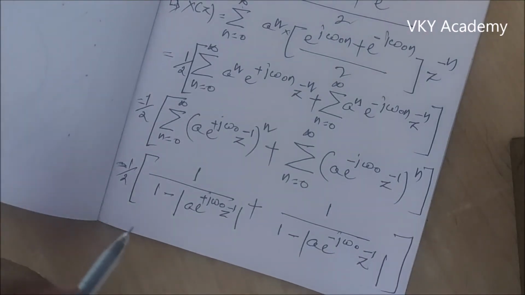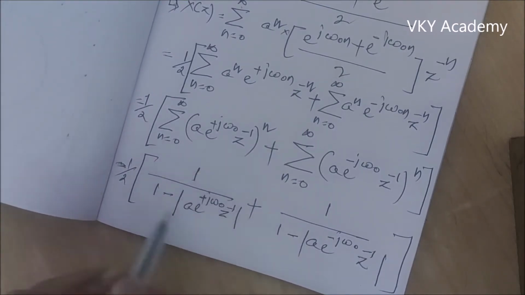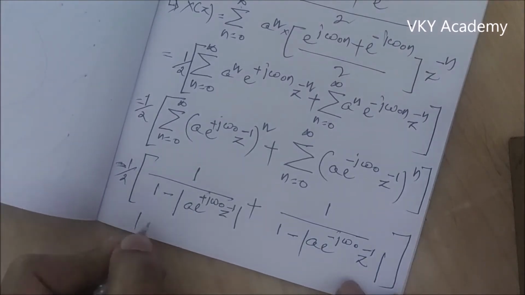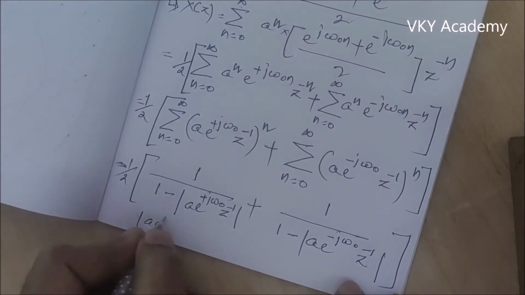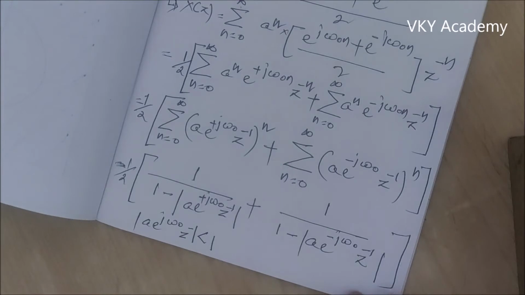Now the region of convergence can be calculated by this power series only, because this infinite series exists if mod of a e to the power j omega naught z inverse is less than 1.